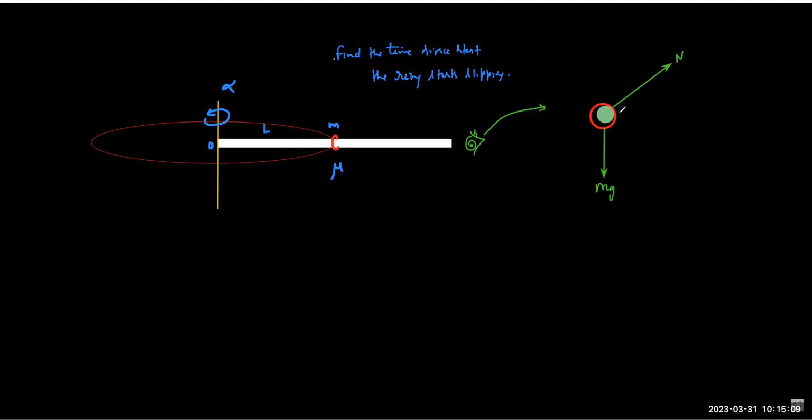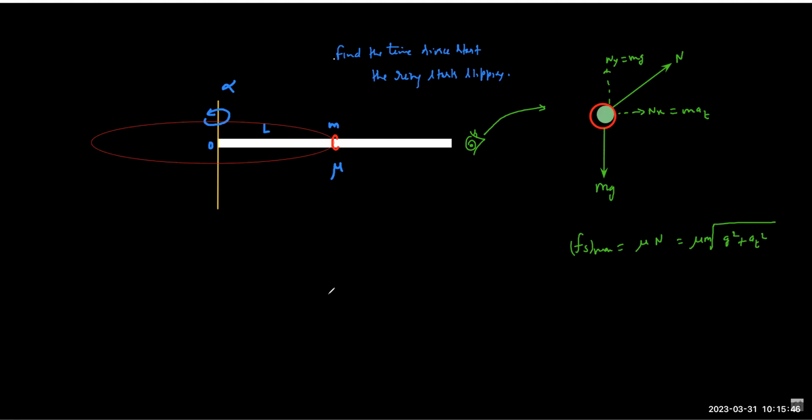The normal must have two components, one Nx, which will give you the m a tangential, and one is Ny, which is balancing the mg. And therefore the friction force here, the Fs max, is how much? Mu into this N, correct? So basically it is mu into m under root of g square plus a t square. I hope this is correct.